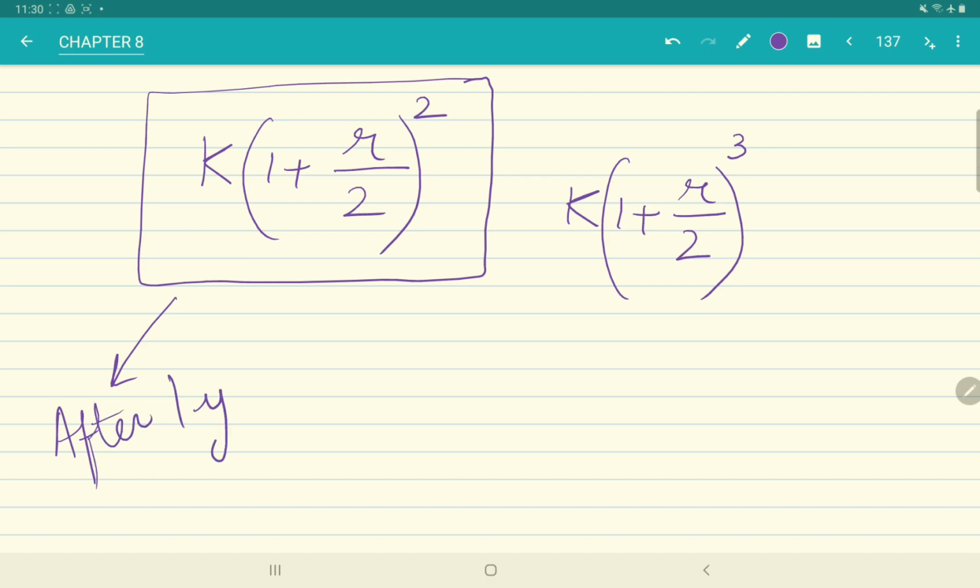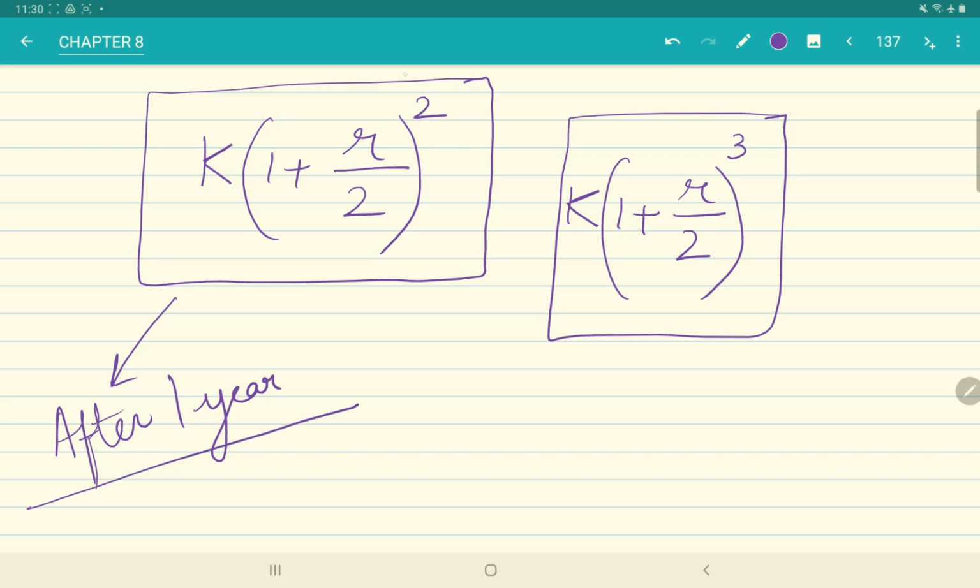And this would be after 1 year 6 months. So after 1 year the principal would have increased to this amount, keeping in mind the fact that we are now adding interest after every 6 months, and the interest rate is p by 2%.